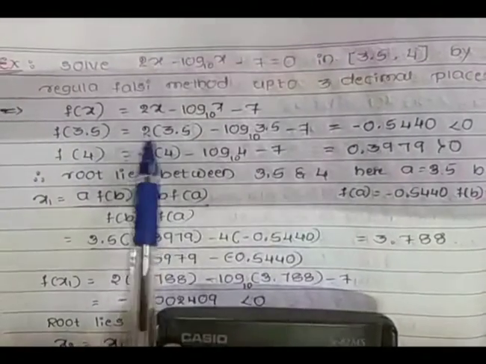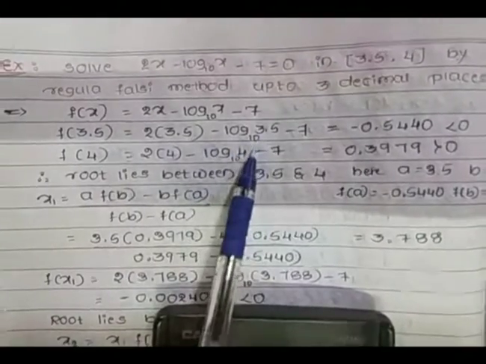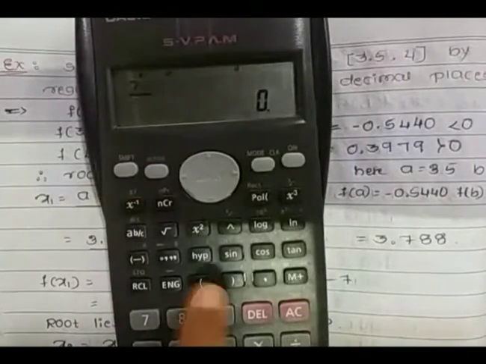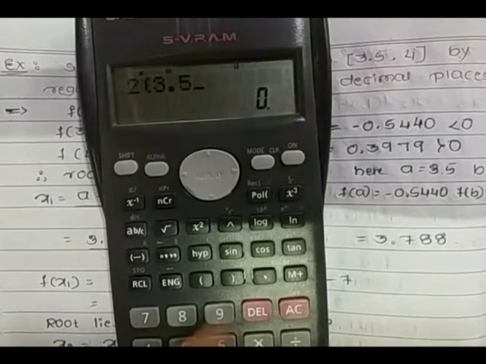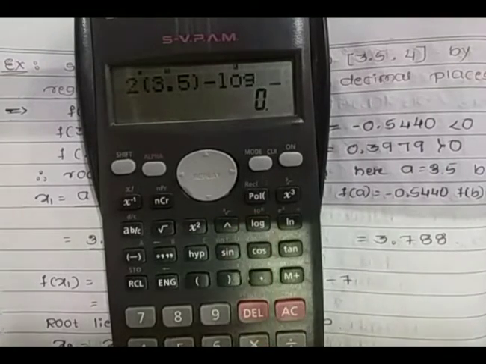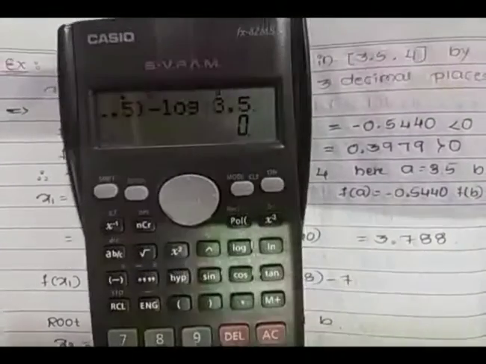Now what we have here: 2 into 3.5 minus log of 3.5 to the base 10 minus 7. So here 2 into 3.5, complete the bracket, minus log to the base 10 of 3.5, next minus 7.